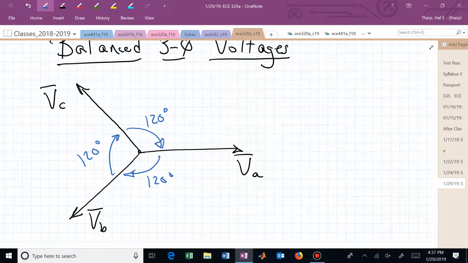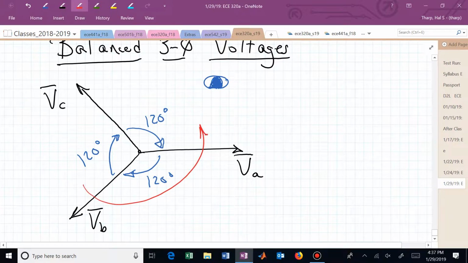And as I said before, if you were sitting here and eyeballing this, let me spend a couple minutes trying to draw an eye. But now you have an eyeball, and these phasors are actually rotating in a counterclockwise rotation.